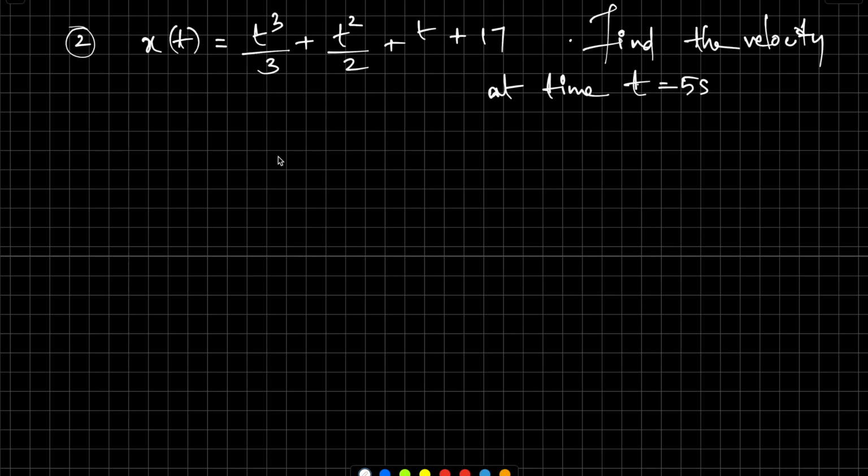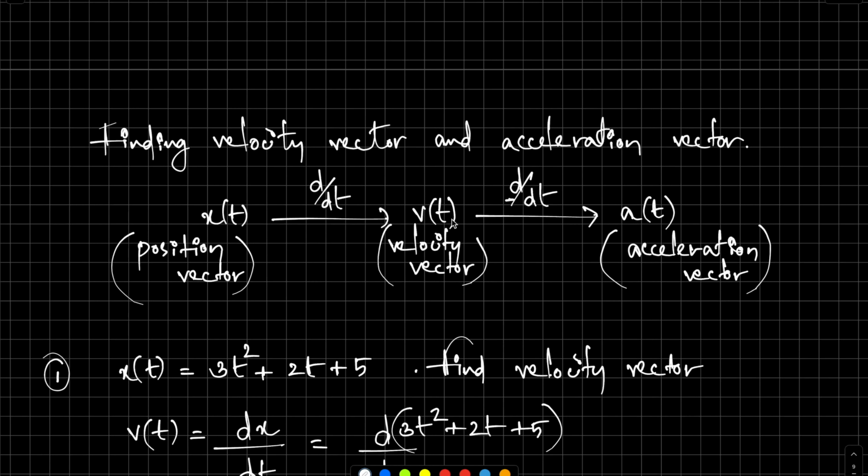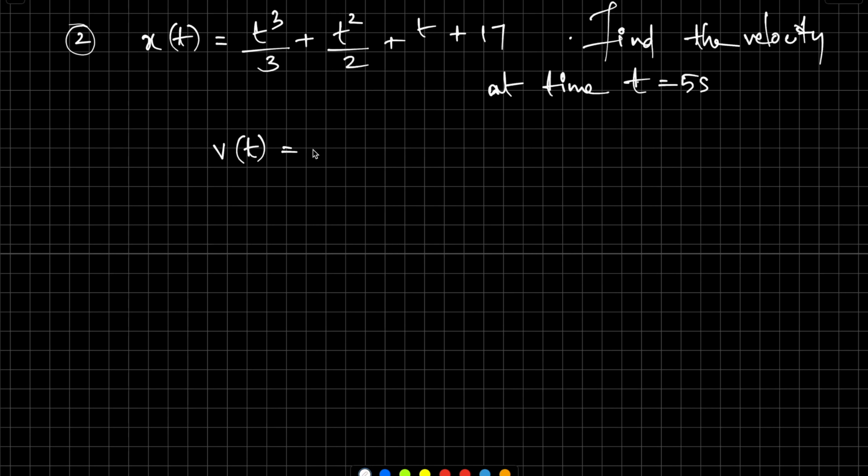How do you find the velocity? This is a rule. To find velocity from position vector, you have to differentiate. So velocity is equal to d by dt of the position vector, so dx by dt.